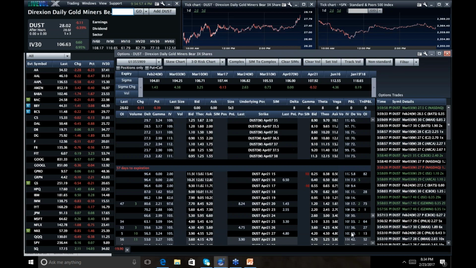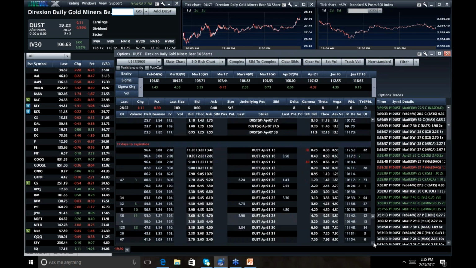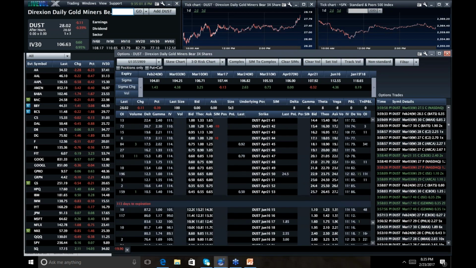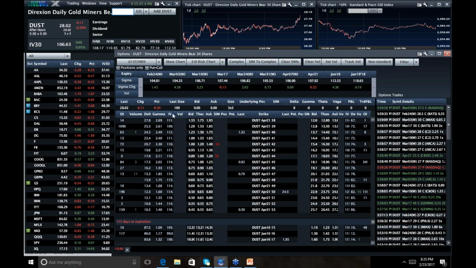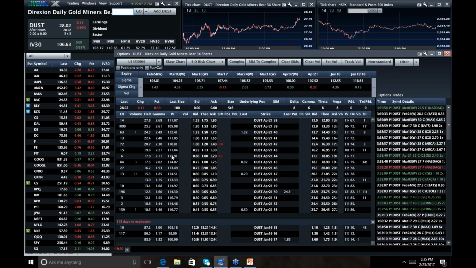I'm going to have to bring the calls closer to get the delta somewhat under control, but not much. I'm looking at this IV, and we'll do the 40.42. That should work. I like that.